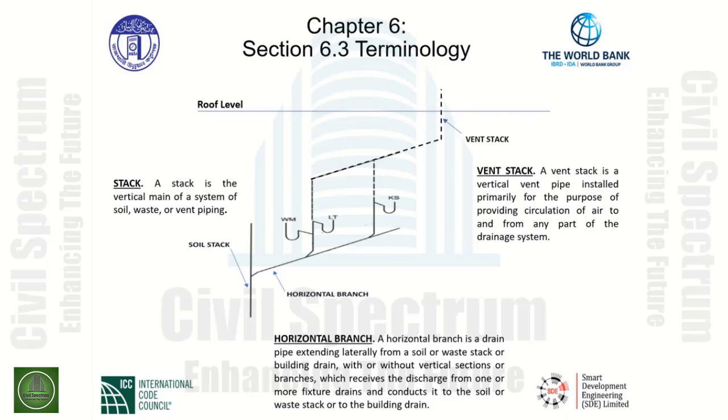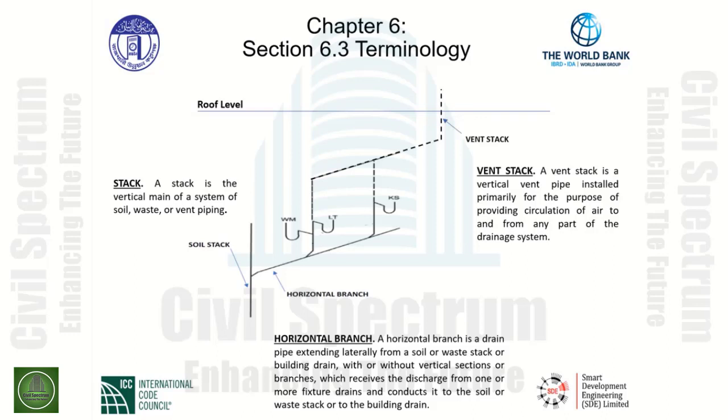Last is what we call vent stack. A vent stack is a vertical vent pipe installed primarily for the purpose of providing circulation of air to and from any part of the drainage system.